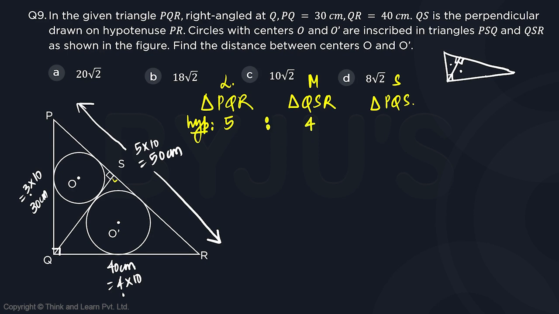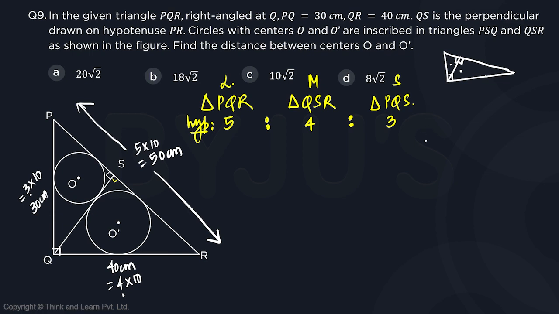It's the ratio that we are more concerned about. We can take 50, 40, 30 also. And for the smallest triangle PQS, the hypotenuse of this triangle is 30, in other words 3. Since these 3 triangles are similar and their hypotenuse or corresponding sides are in the ratio 5:4:3, that means every other linear attribute of the 3 triangles will fall in the same ratio.